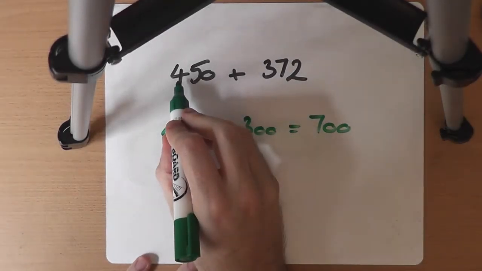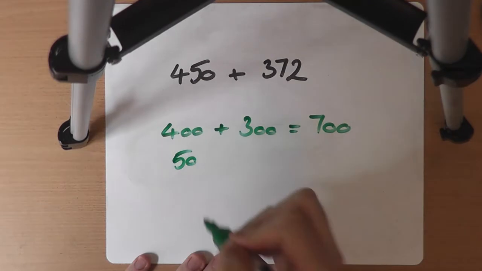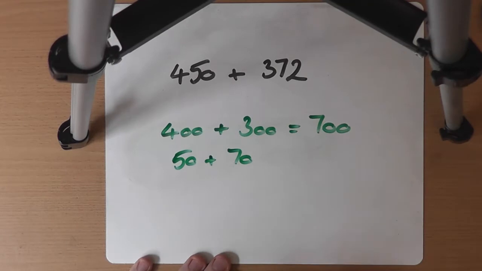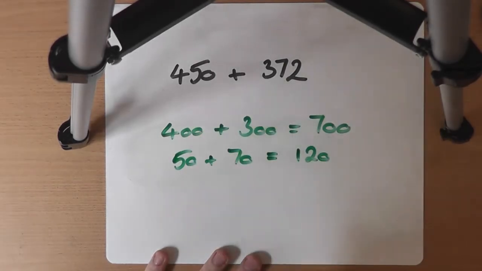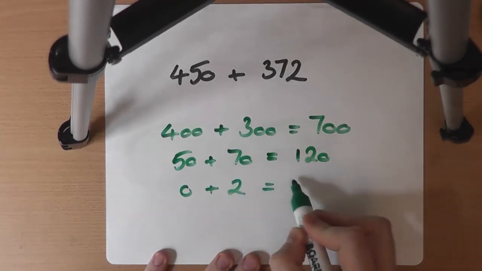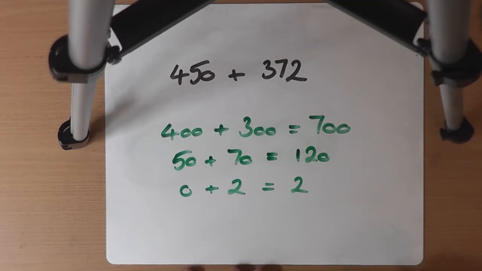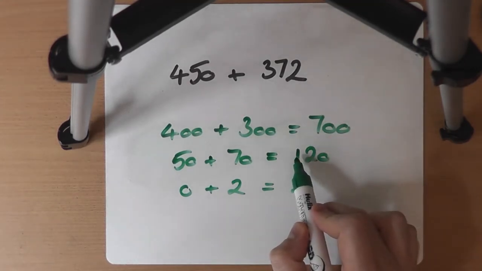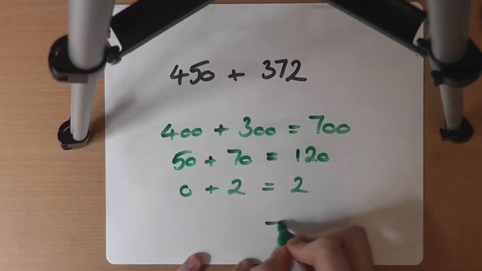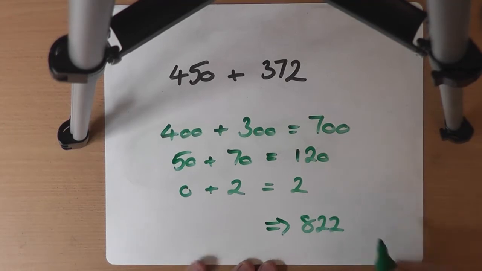You might then take the 50, that's the tens part of the first number, and the tens part of the second number. 50 plus 70, add those together, well 70, 80, 90, 100, 110, 120, and then you could take the units part of the two numbers, the 0 and the 2, which would just give you 2. Once you've got those, you could then add the three different bits together. Well, 700 plus the 100 is 800, plus the 20, 820, plus the 2, 822. Would be a perfectly reasonable way to do it.